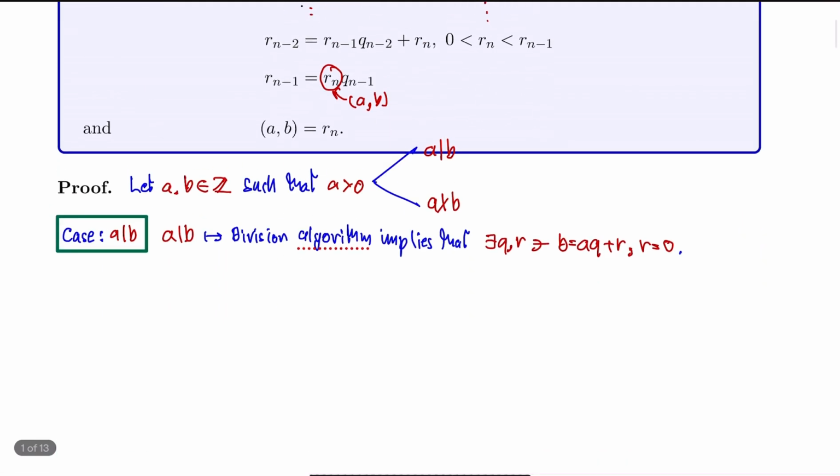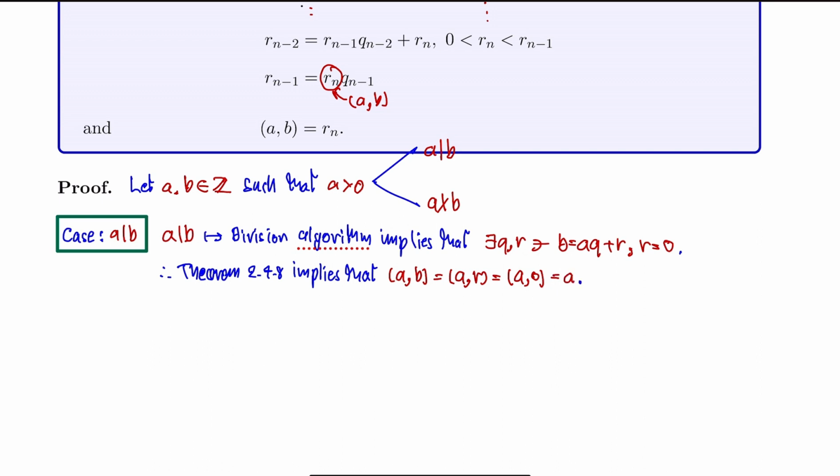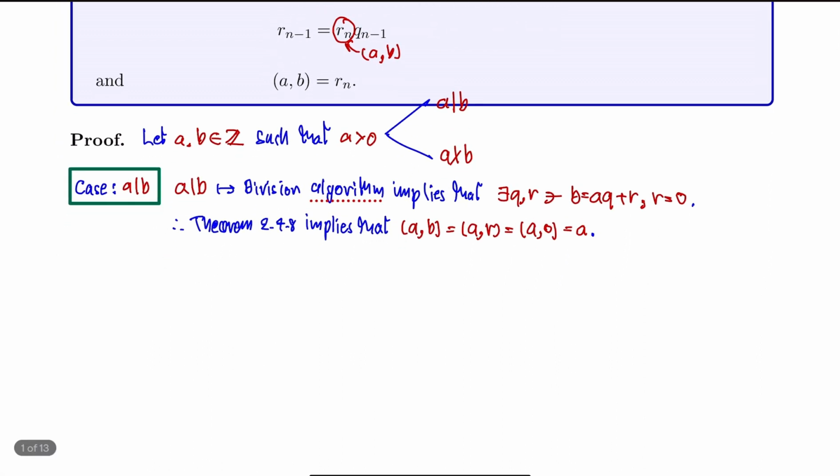So theorem 2.4.8 implies that the greatest common divisor of A and B equals the greatest common divisor of A and R, which equals the greatest common divisor of A and 0, right? Because the remainder is 0. And the greatest common divisor of A and 0 is A. Okay? It's just A. Alright?